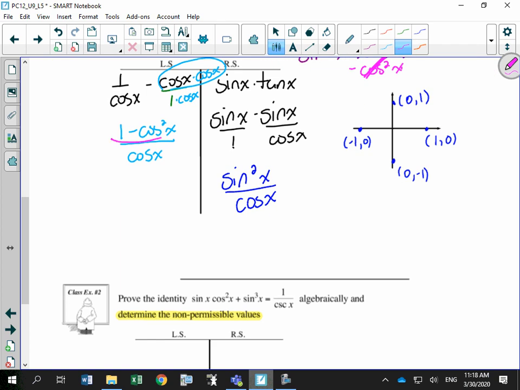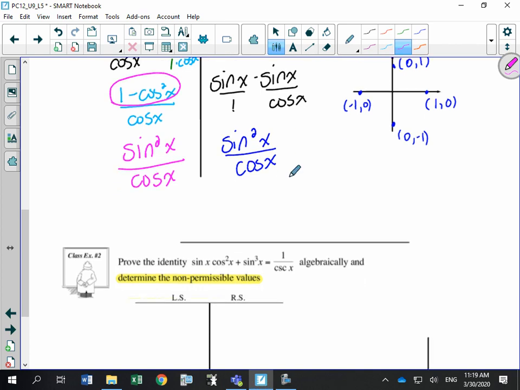So the identity to replace 1 minus cos squared of x is sine squared x. And the denominator is cos of x. And if you look, left-hand side equals right-hand side. I have just proven my identity. So left-hand side is equal to right-hand side, and my identity is done.